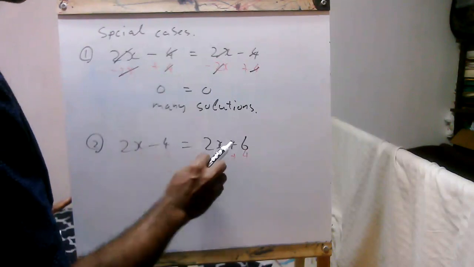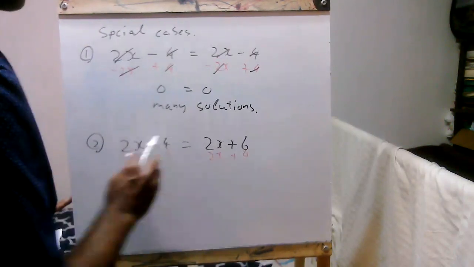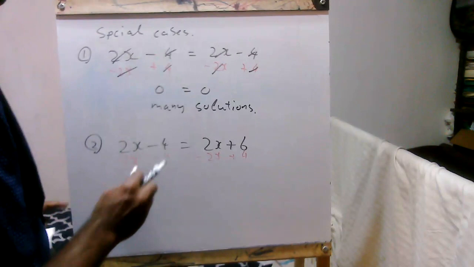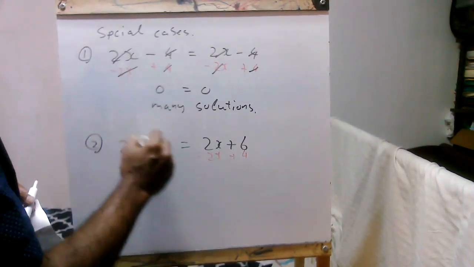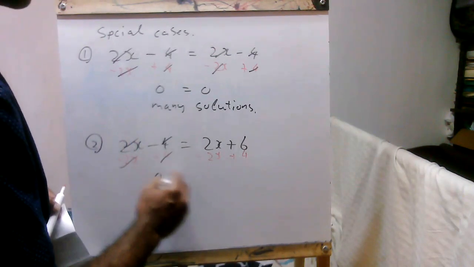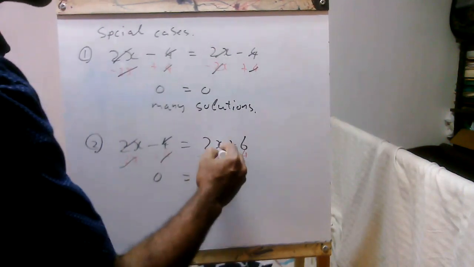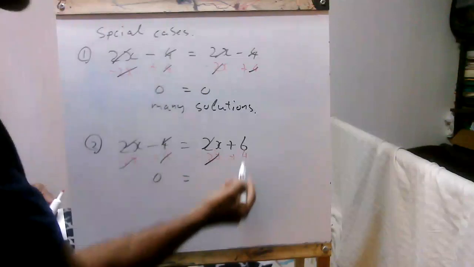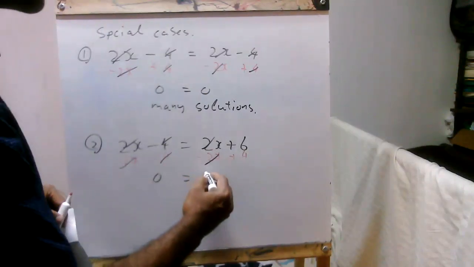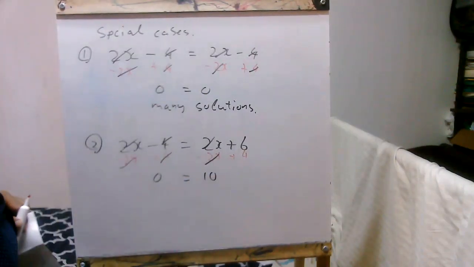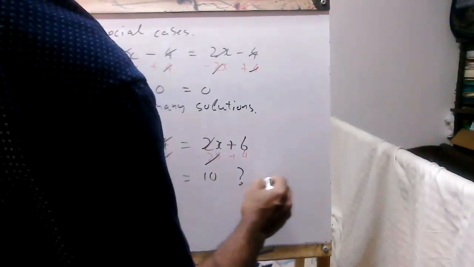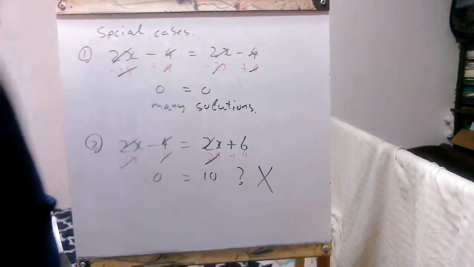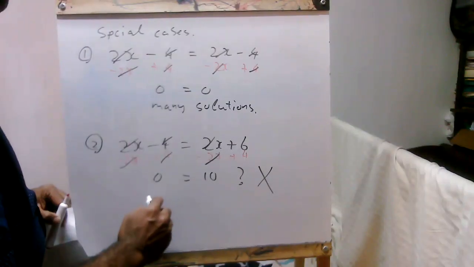Move this 2x to the other side, minus 2x, minus 2x. Then what happens? This side all cancels out, and we get 0 here, equal to, these two cancel out, these two are not cancelling out, we get number 10 there. We get 0 equal to 10. Can this be true? No, that cannot be true. That means this has no solution.